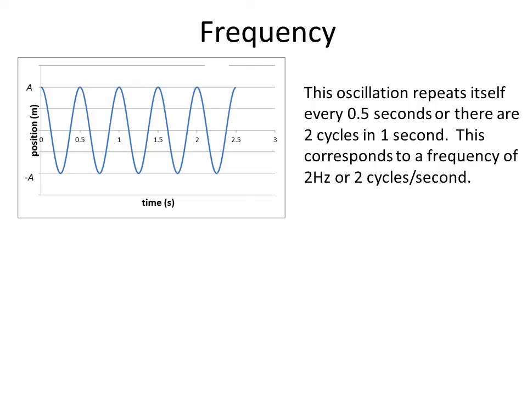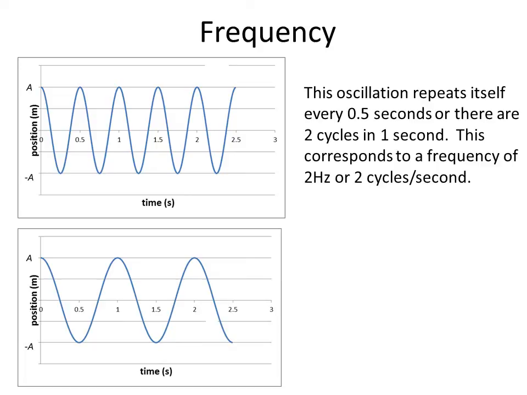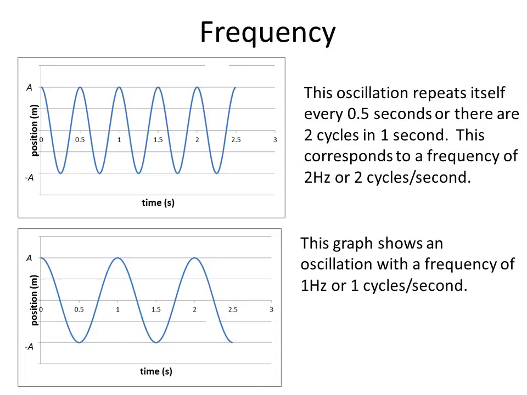So if we look at it, we notice that there are 2 cycles every second. This corresponds to a frequency of 2 Hertz, or 2 cycles per second. We can change this frequency, so here's a plot which goes from high to low and back to high in 1 second. In other words, this is an oscillation with a frequency of 1 Hertz, or 1 cycle per second.